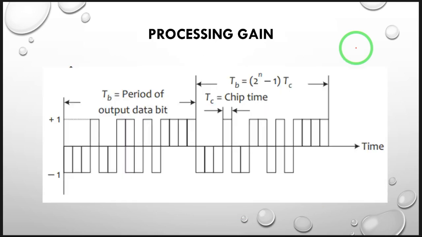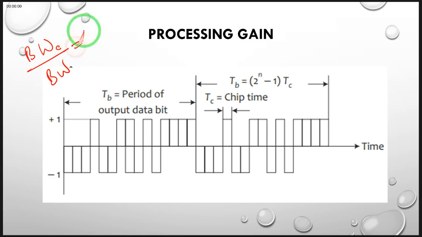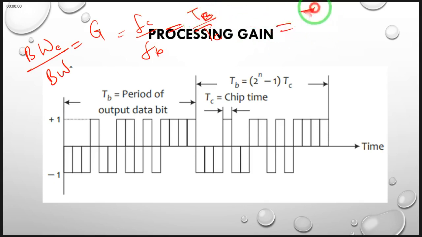So we may be able to figure out how the processing gain is achieved. As we have said, the bandwidth divided by BW is our processing gain, G. We can say that this is equivalent to FC over FB, and we have already seen that FC is 1 over TC and FB is 1 over TB. So in this form, the gain can be given by TB divided by TC, and TB is the duration of your pulse.